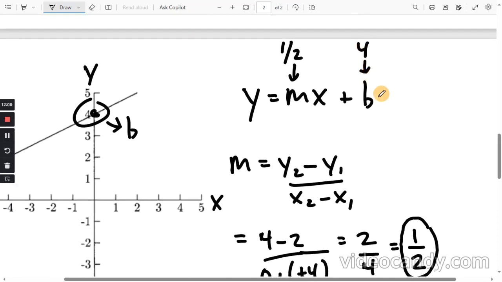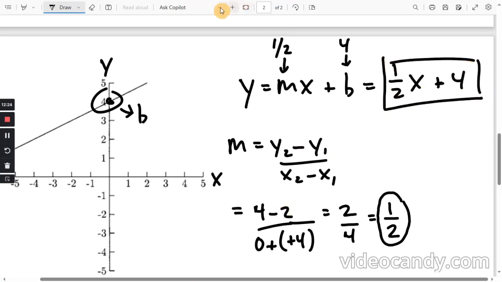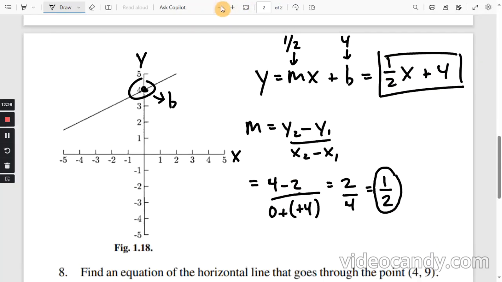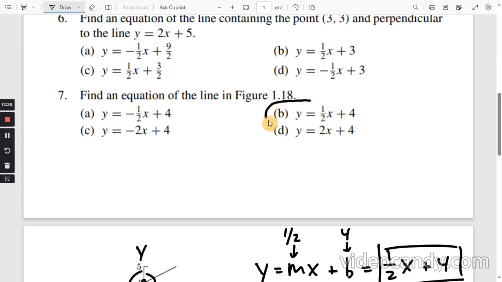So that's it. Those are the only variables you need to write the equation. It's going to be 1/2 x plus 4. And that is answer B.